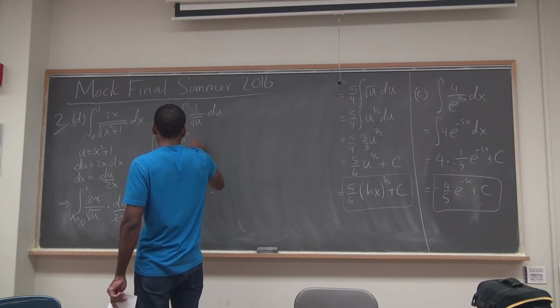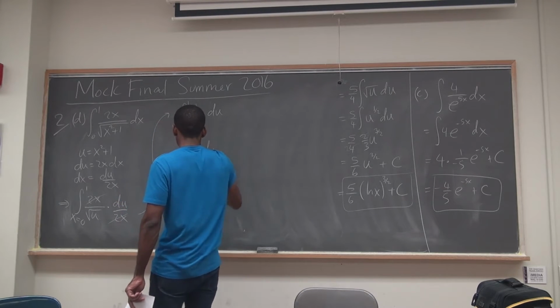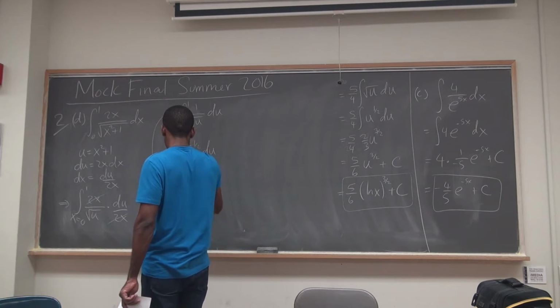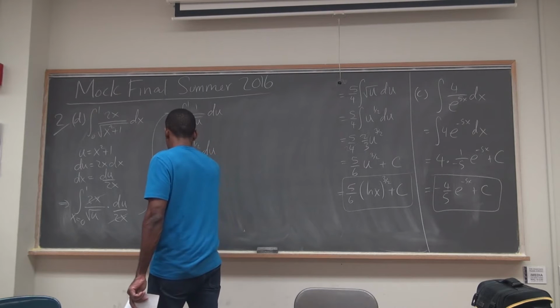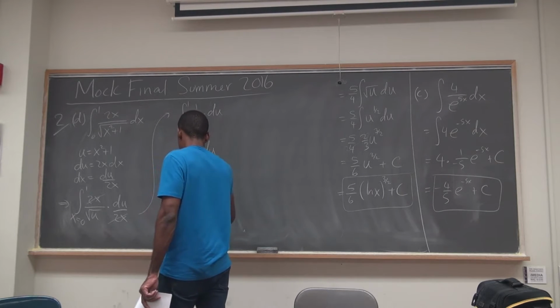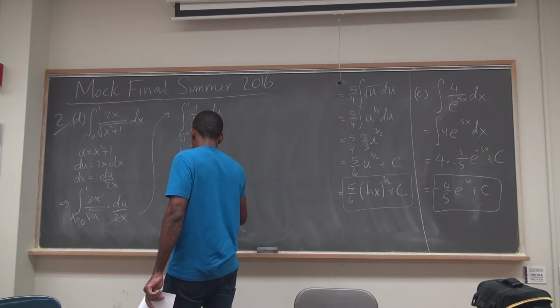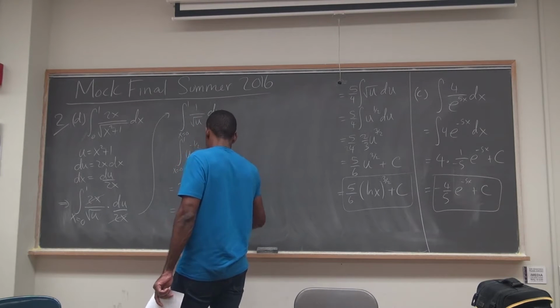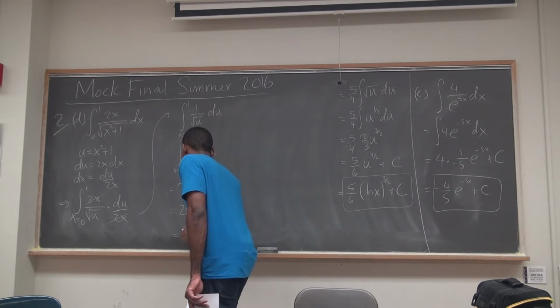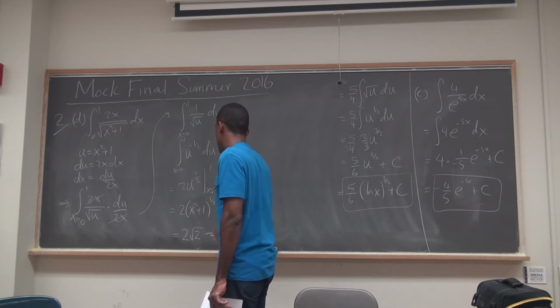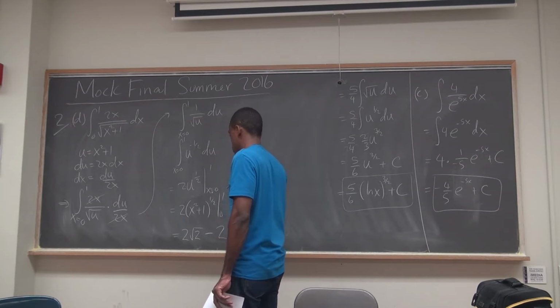So that's u to the minus 1/2 du, do the power rule, u to the power of a half times 2. And my u is x squared plus 1 to the 1/2. So plug in a 1. So that's 2 radical 2 minus, plug in a 0, and that just becomes 1. So the answer is 2.